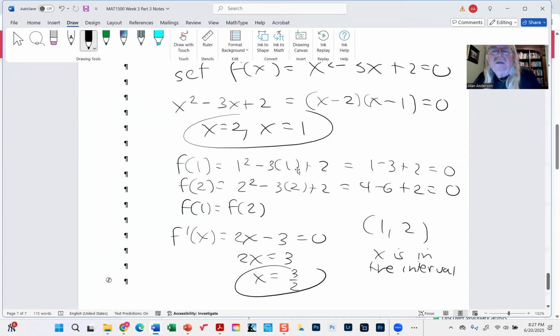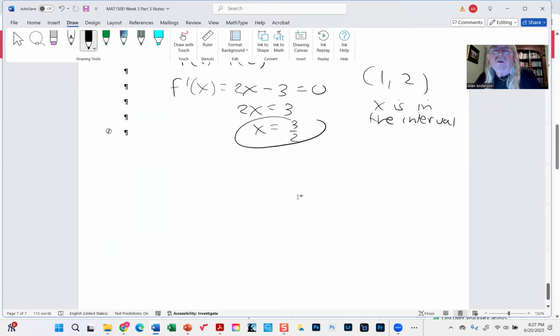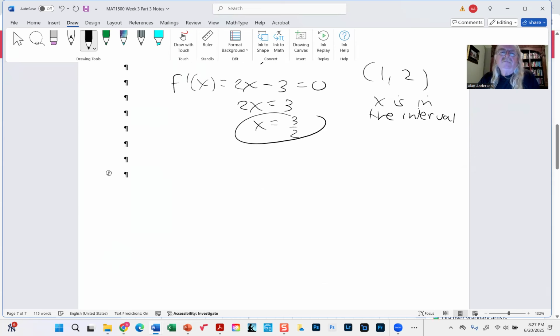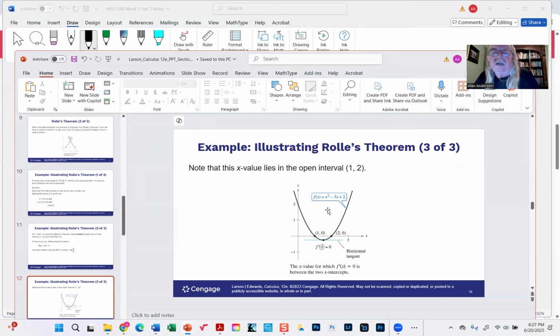And so at that point, and you can see from here, the tangent right there would be horizontal. That's the point 3/2. And so we're all set. All right, so let's look at their graph. Yeah, there it is, right there.